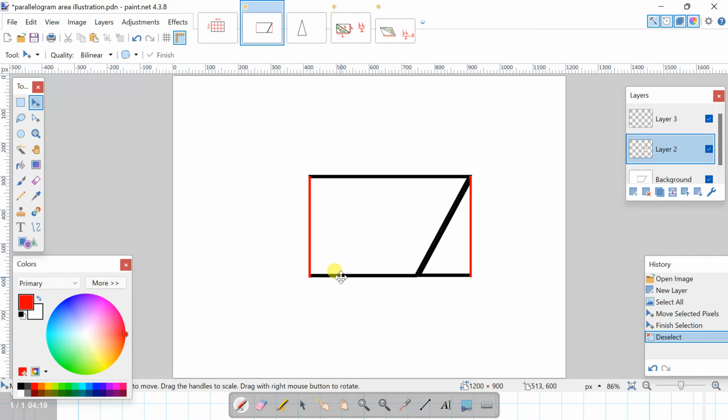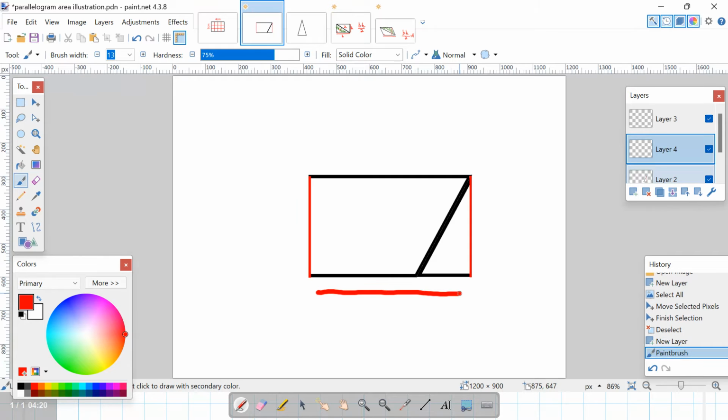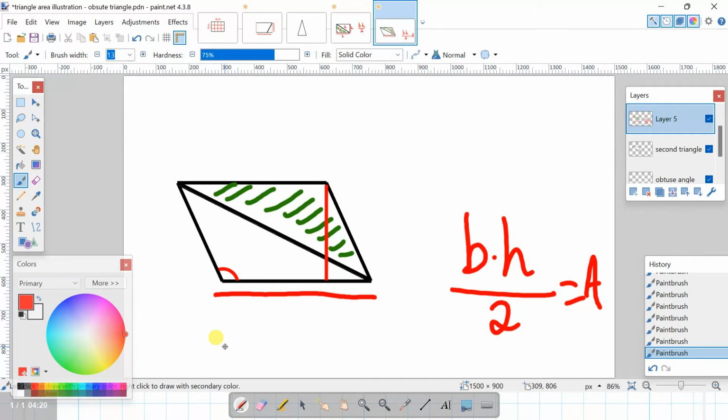I get a rectangle. And we know that the formula to calculate the area of a rectangle is the base times the height. So the area of a parallelogram is base times the height, and the area of a triangle is base times the height divided by 2.